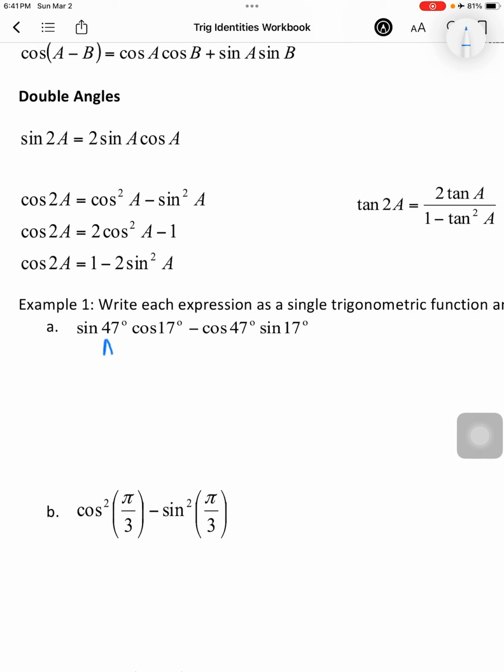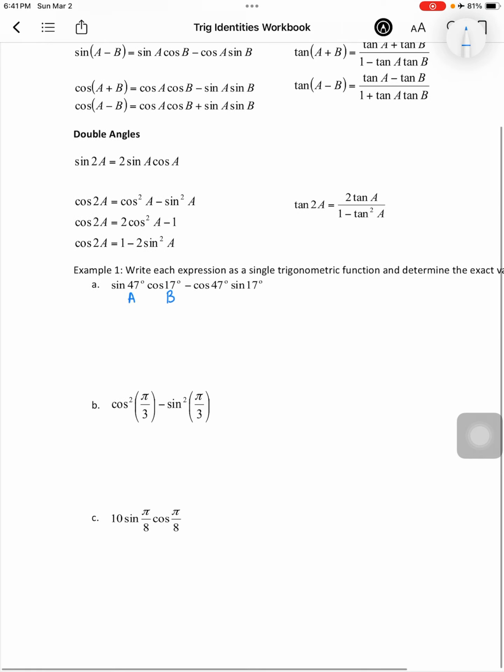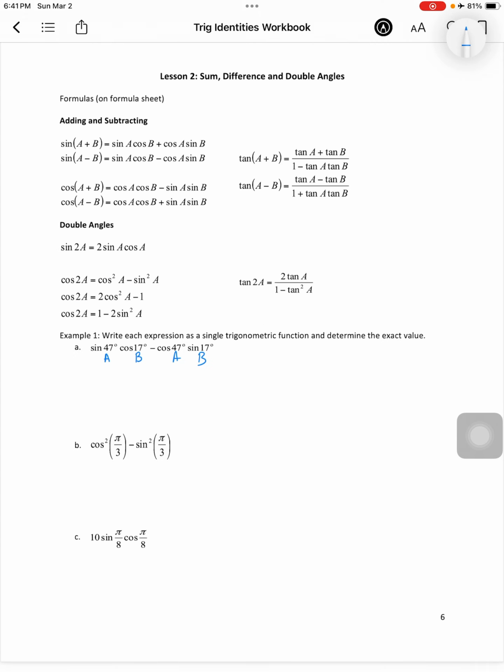So 47s are going to be represented by A's, and 17 is represented by B's. So AB, AB. So now, if you were to look at this equation, let's just ignore the numeric values for now, and let's just write this as sine A cos B minus cos A sine B.